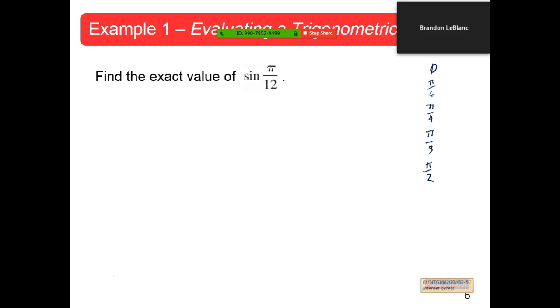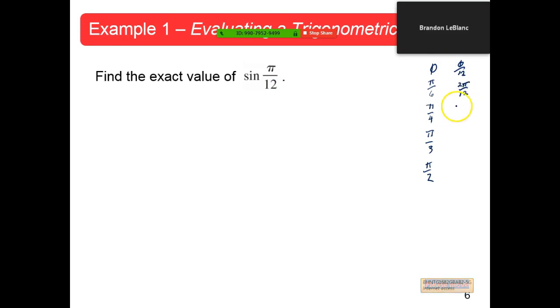But can you come up with some combination of these, either adding or subtraction, that comes up to be pi twelfths? And since pi twelfths is less than any of these except 0, it's going to have to be a difference. So what I suggest, these that you know and love to have, let's write them all in terms of twelfths. This will be 0 twelfths. This will be 2 pi twelfths, right?